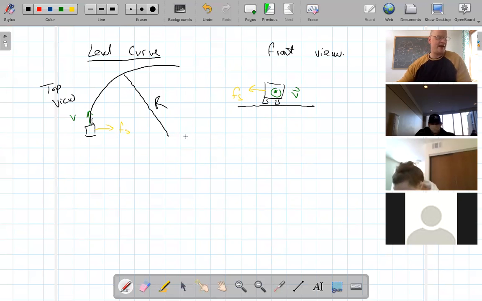So let's give some numbers. Let's say I'm moving at 30 meters per second, and I want to move through a corner whose radius is 50 meters. What I want to know is what is the minimum coefficient of static friction that I need to be able to make it through this corner without sliding.